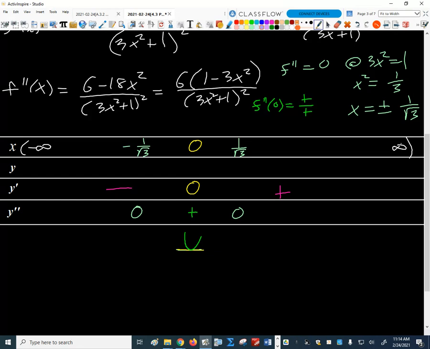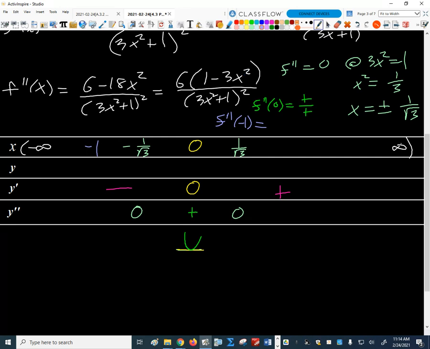So we could pick a value to the left of -1 over the square root of 3, something like, how about -1, right? If I evaluate my second derivative at -1, what am I going to get? I'm going to get 6 times, at -1, x squared is 1. So I'm going to get 1 minus 3.